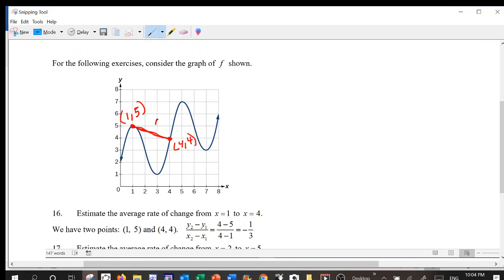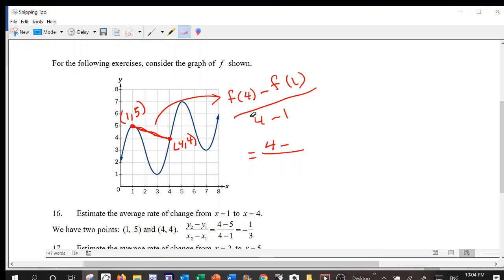So the average rate of change here would be f of 4 minus f of 1 divided by 4 minus 1, which is, what's f of 4? Well, f of 4 is 4 minus f of 1, which is 5, and then over 4 minus 1, which is negative 1 over 3, right?